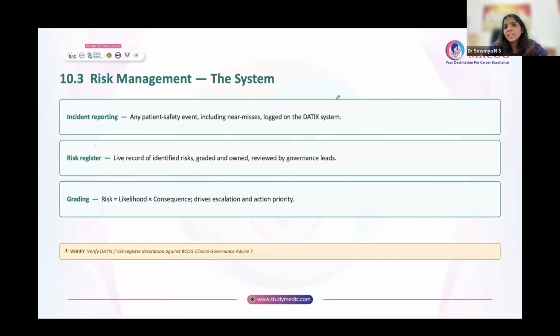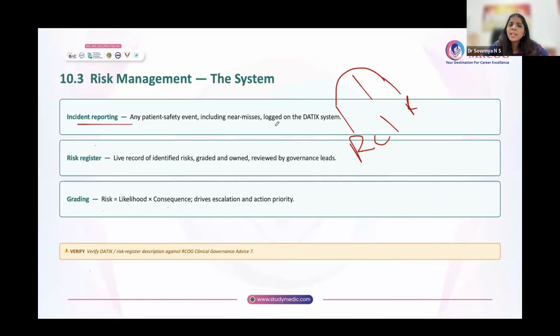Now, risk management is a huge umbrella. Risk is any adverse event, which has caused harm or which has not caused harm. Under risk management, you get all these things like root cause analysis, incident reporting, risk register. The risk register mentions how severe the harm was, and I think I have a chart which shows it based on the color coding.